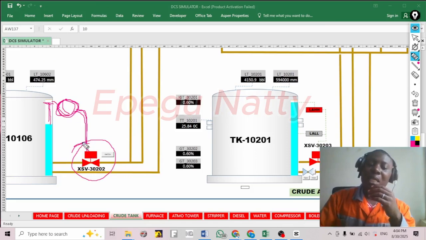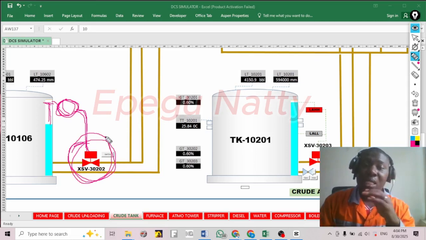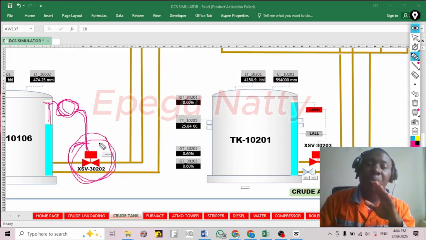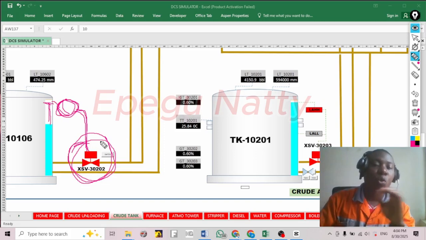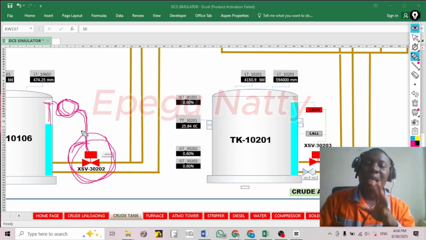As at that particular instant, we know that this shutdown valve is no longer a SIS, it's just a BPCS, just a basic process control system, just to close and open. Because the trip is no longer there, you can't quantify it as a SIF.